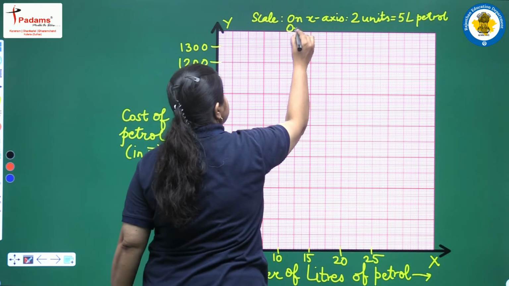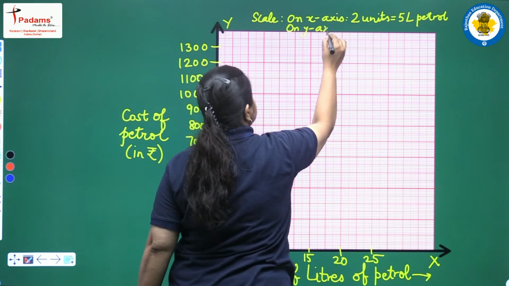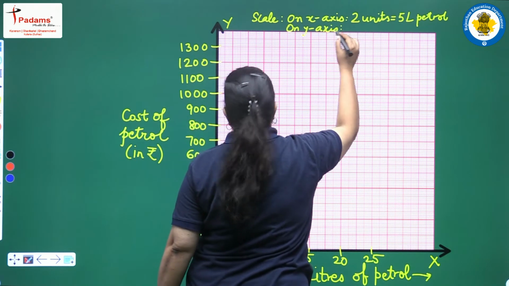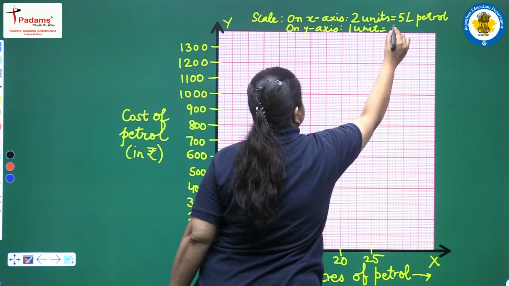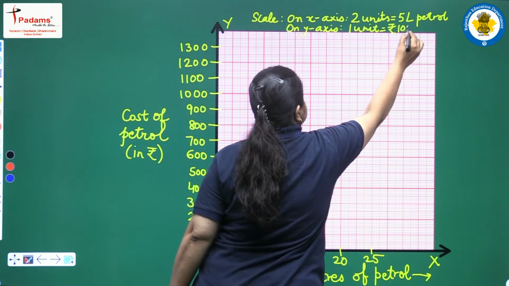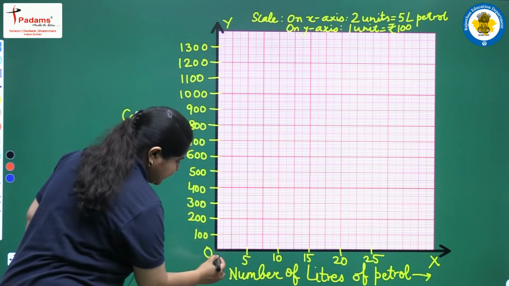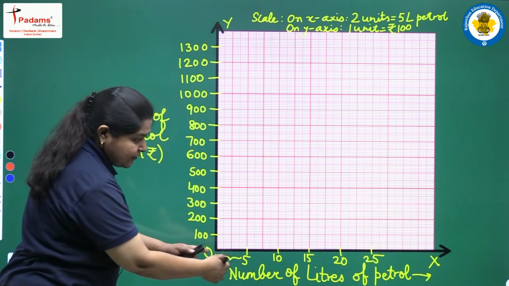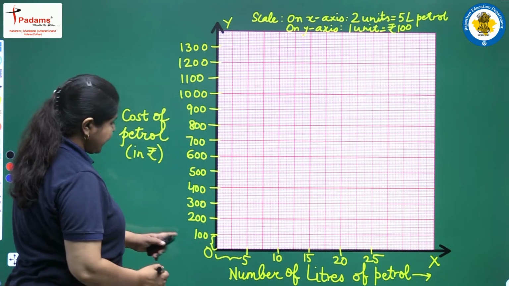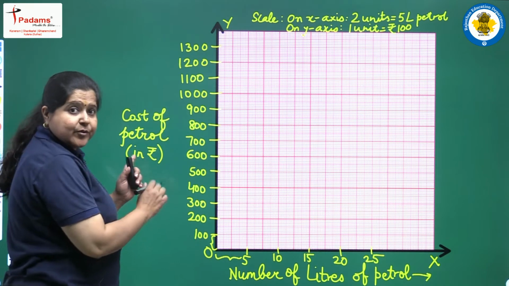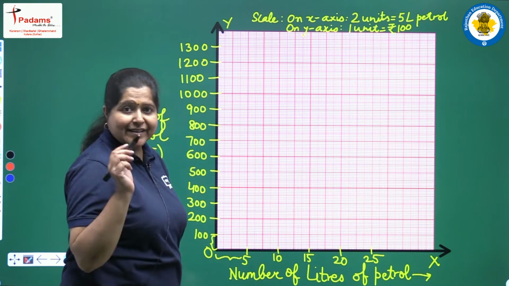And on y axis we need to write for both the axes, we have taken 1 single unit equal to ₹100. ठीक है, ये देखिए आप यहाँ पर 2 यूनिट्स रिप्रेजेंट कर रहा है 5 लीटर्स ऑफ पेट्रोल को, और यहाँ पर 1 सिंगल यूनिट रिप्रेजेंट कर रहा है 100 रुपीज़ को. Cost of petrol in rupees. So here we have written the scale.